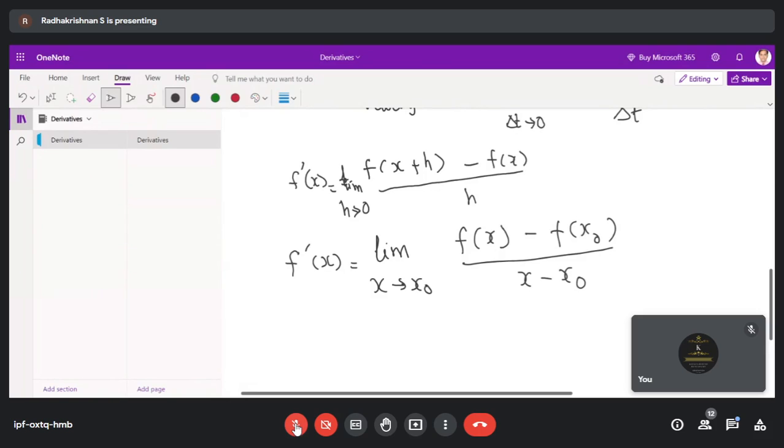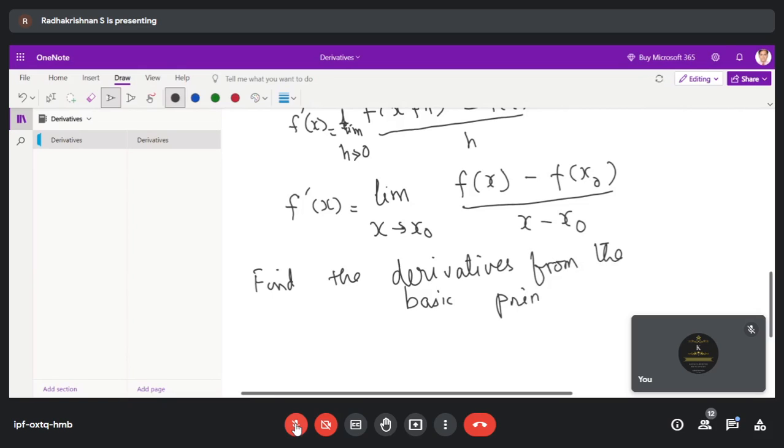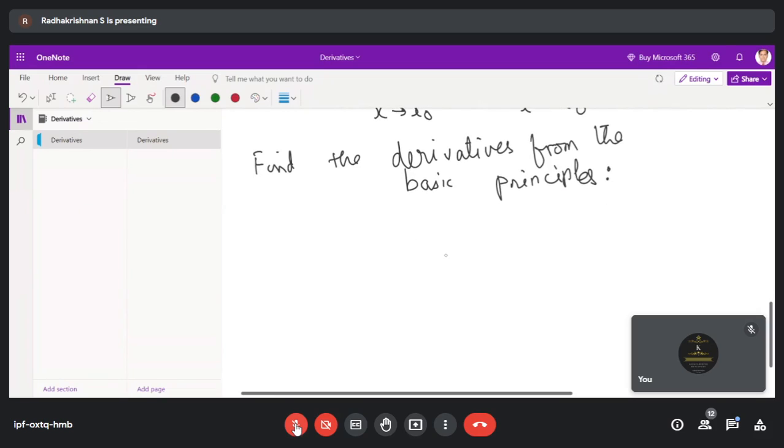Now let's do a few problems. Find the derivatives. Starting with the basic principles, let us say f of x equals a constant, like 5. What will the function look like?